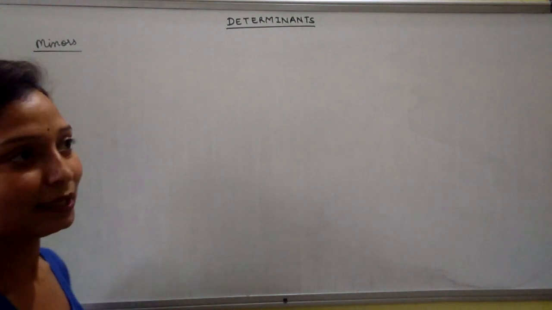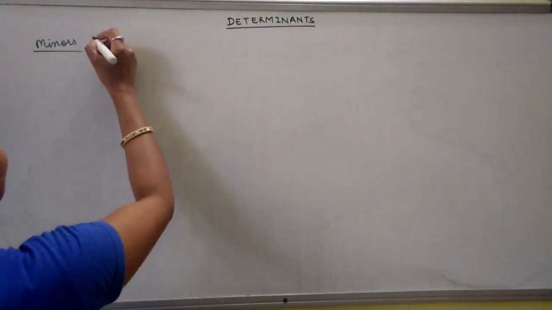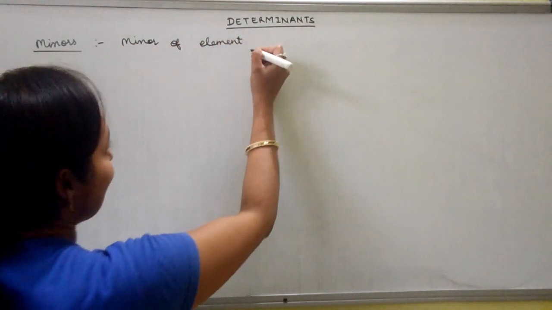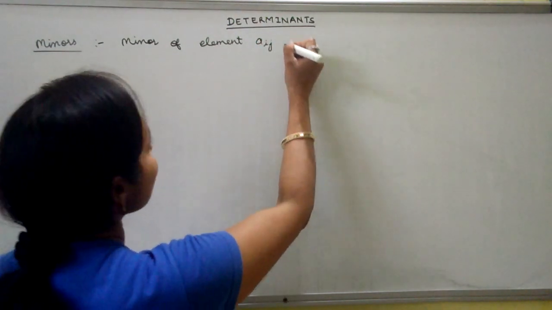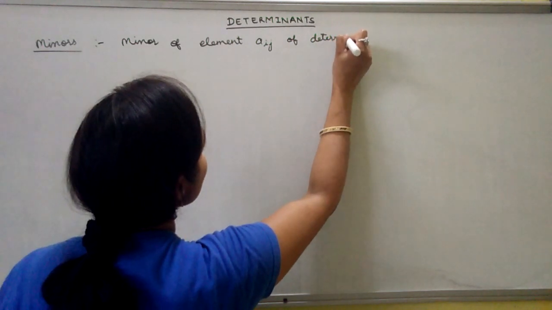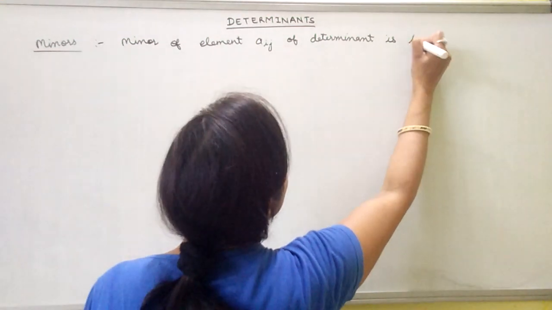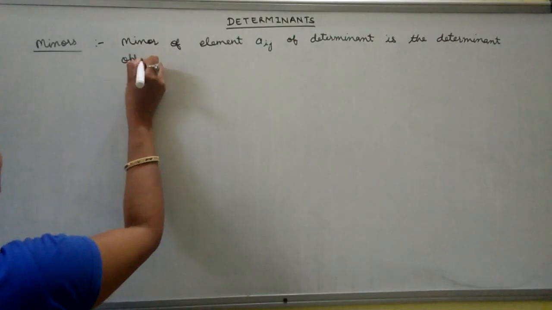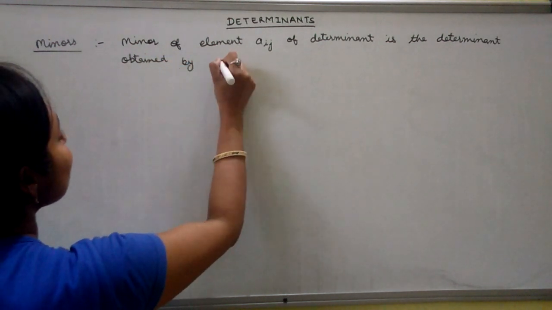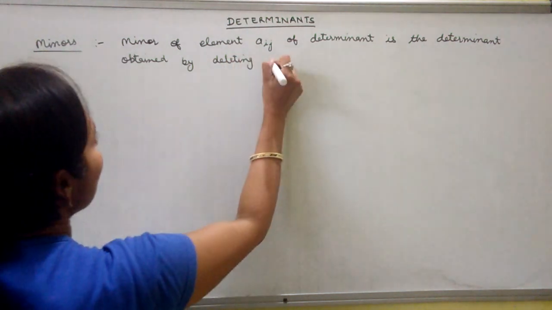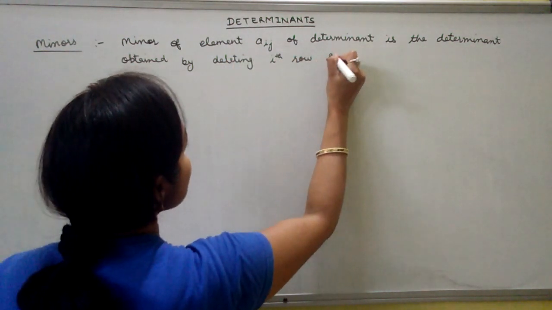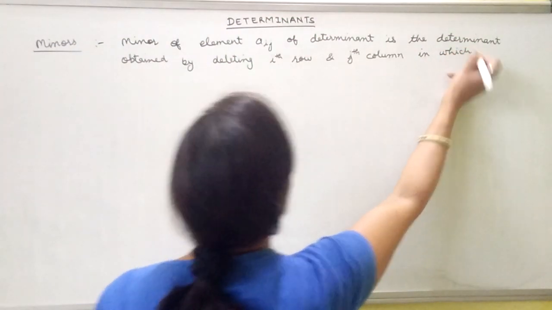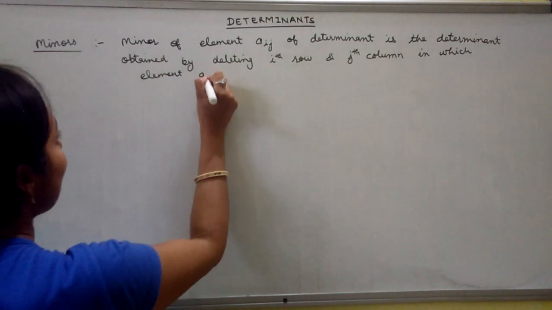Minor of an element means deleting. If I want to find the minor of element Aij of a determinant, it is the determinant obtained by deleting the ith row and jth column in which element Aij lies.